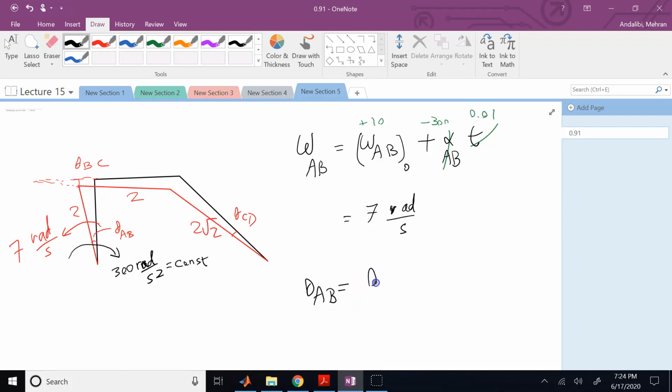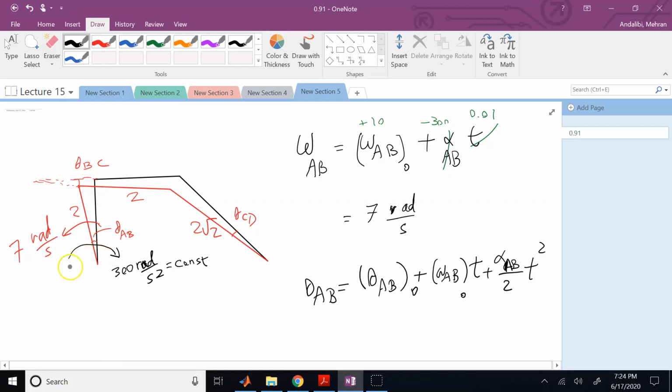You can say theta AB is original theta AB, because alpha is constant, plus original omega AB times t plus 1/2 alpha AB times t squared. And so you plug in your numbers, depending on how you measure it.